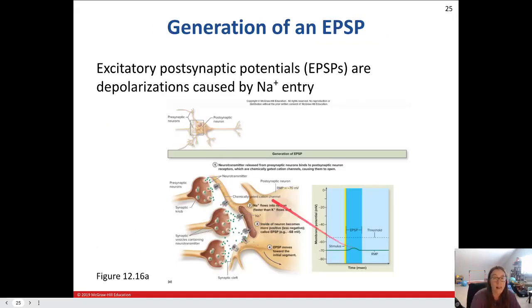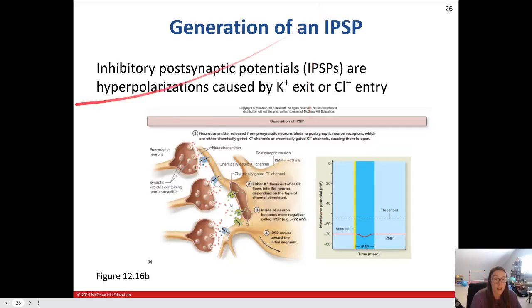As a review, excitatory postsynaptic potentials are depolarizations caused by sodium entry. Those cation channels are going to open and sodium enters the cell, and this means that our cell becomes a little bit more positive. Inhibitory postsynaptic potentials, or IPSPs, are hyperpolarizations caused by potassium exit or chloride entry.